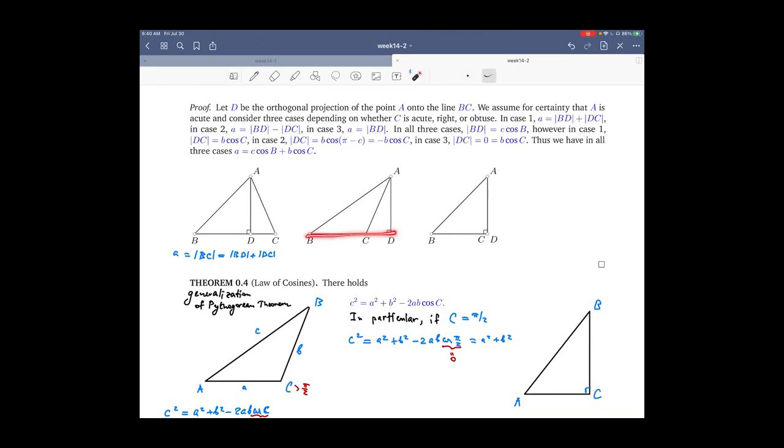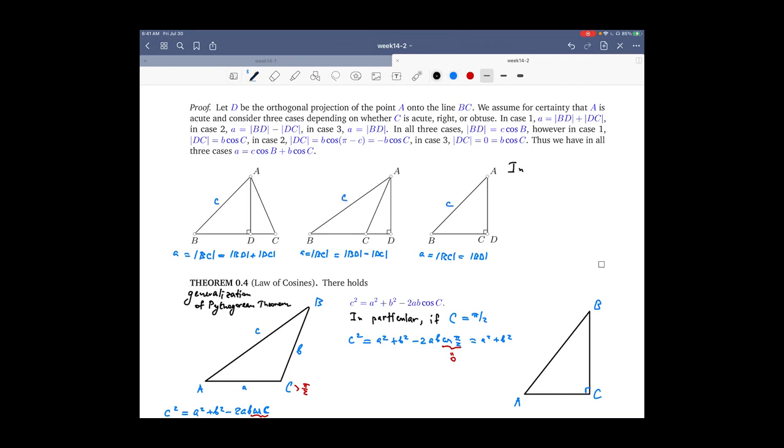In the second case, BC equals BD minus DC. And in this case, BC simply equals BD. Now, BD in all three cases is easy to express because this here is c.